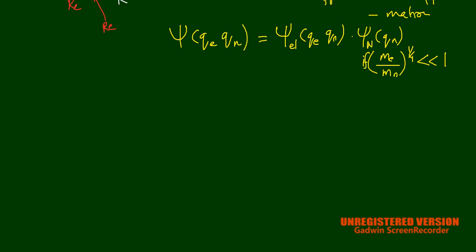This is one of the very important approximations in quantum chemistry, and it makes the treatment of many electron molecules much simpler than we would expect. So this is the Born-Oppenheimer approximation, and I hope you understood its essence.